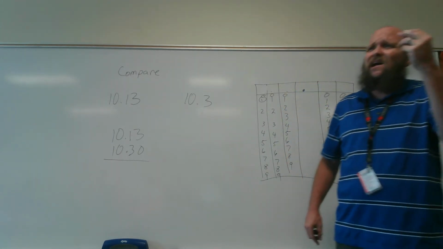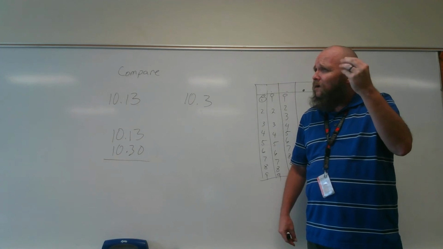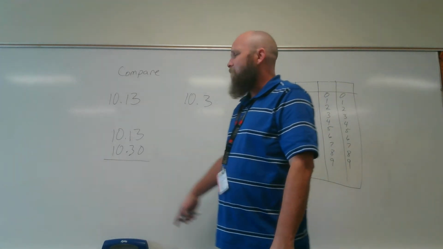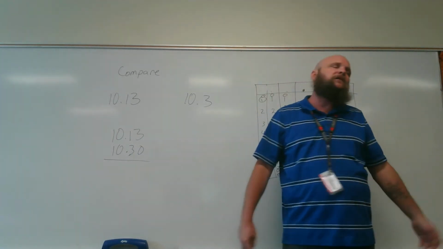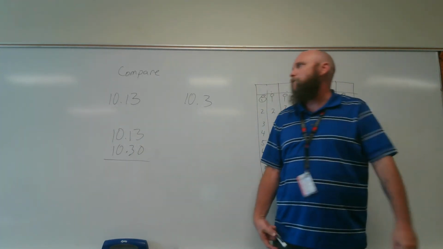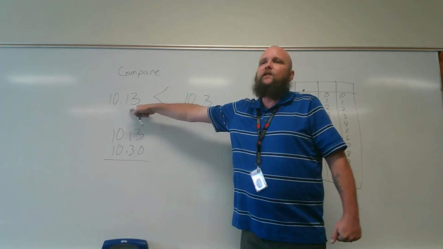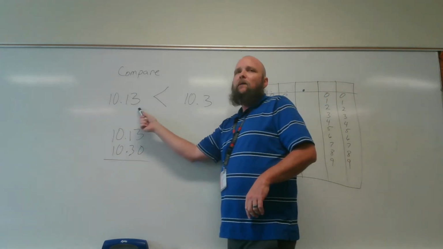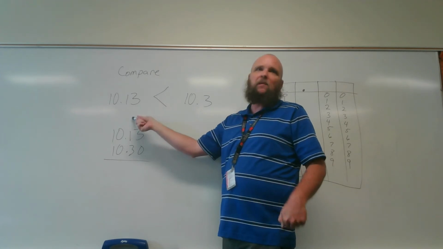So then I look, which is greater, $10.13 or $10.30? Well, obviously, $10.30 is greater, so 10 and 1300ths is less than 10 and 3/10. They try and trick you by making this, oh my gosh, this is 13 and this is only 3, so this one has to be bigger.